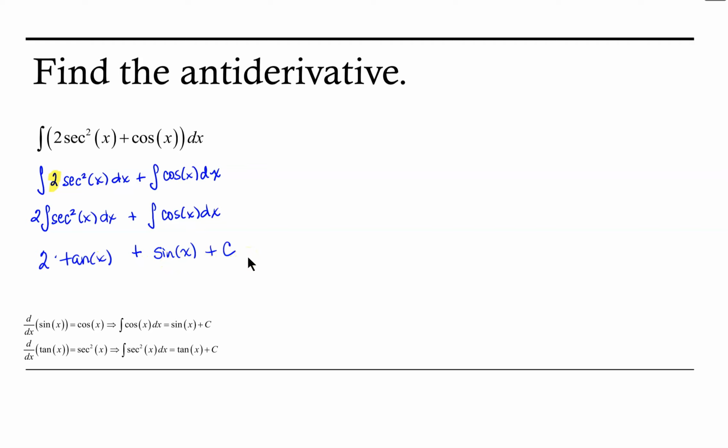Now, if you were concerned, you could put a plus c1 after the tangent antiderivative of secant squared, and you could put a plus c2 after the sine of x, and when we combine constant c1 and constant c2, we will end up with simply a third constant, and that constant just represents all possible constants.